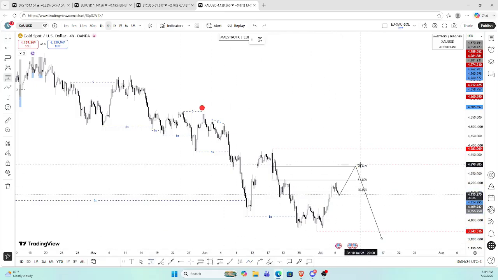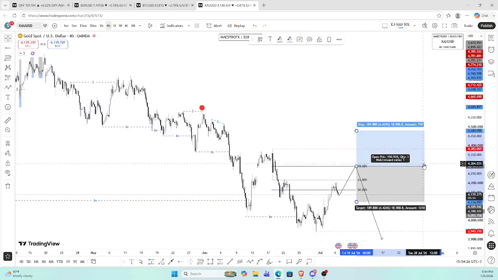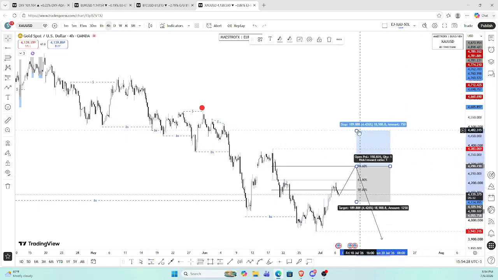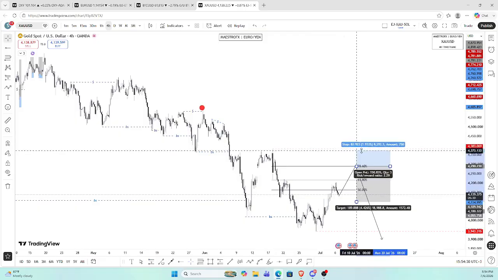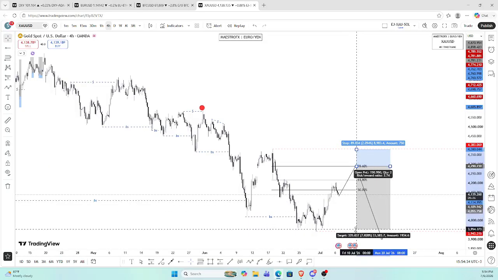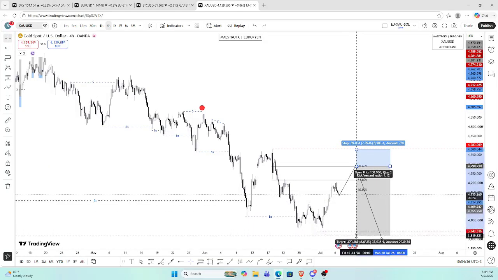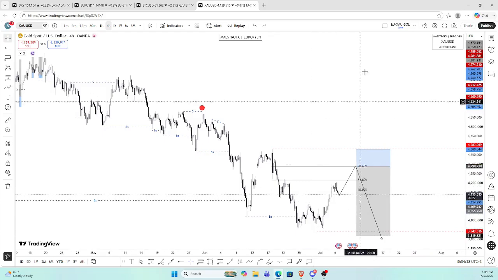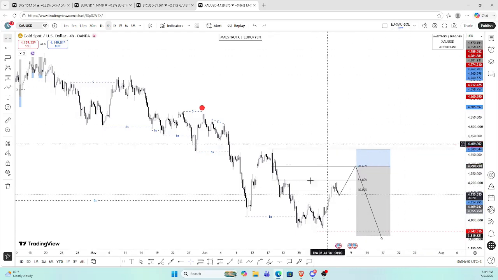So I'm still bearish on gold, and this is what I'll be looking at. See, that will give us a clean 1:2.